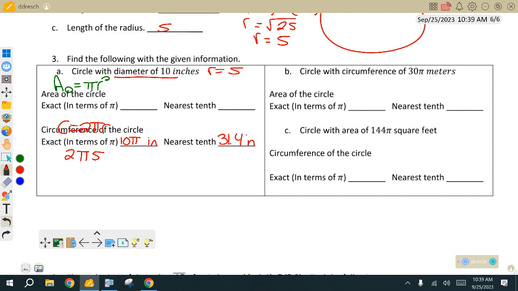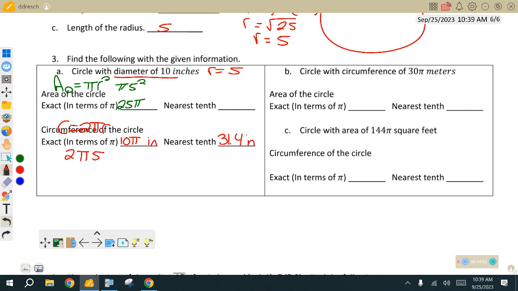So, in this instance, still gotta know what the radius is. Well, we know the radius is 5, right? What is pi, what is 5 squared? 25, right? So 5 squared is 25. Leave it in terms of pi. When I say the exact in terms of pi, that's what we want, 25 pi.